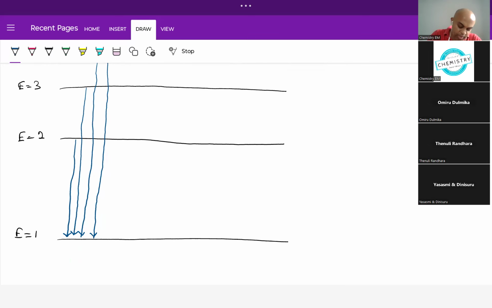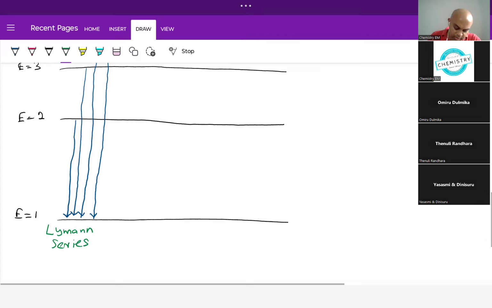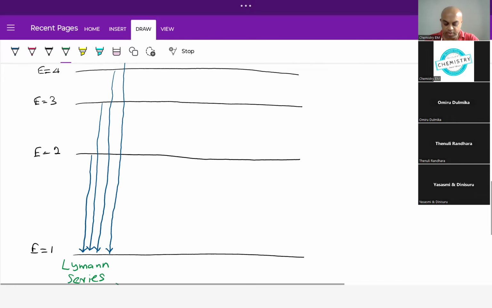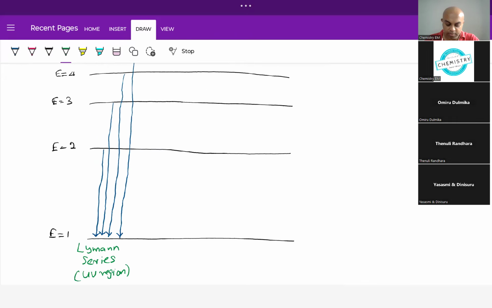This series is called the Lyman series. We can't see this because it is in the UV region. So this is how the Lyman series is formed.